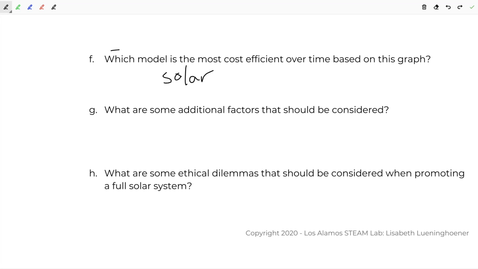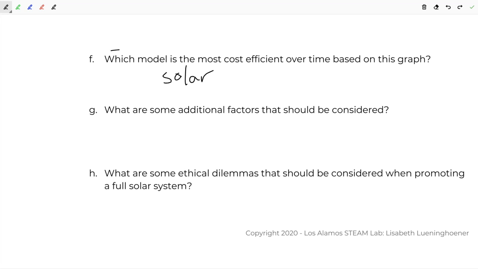Or we should be discussing having energy companies actually install solar on interested families, with the payback being over time at an interest rate. That would be effective too. Or even charging them the same amount as they do for regular energy, but allowing them to have the solar on their roof, because that way they know that they're being more carbon efficient. So these are all things to consider.